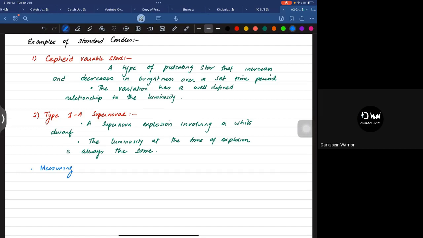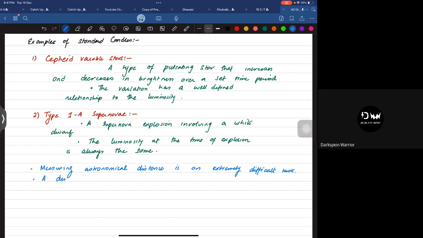Measuring astronomical distances is an extremely difficult task. Like, we just can't predict, right? It's so large.